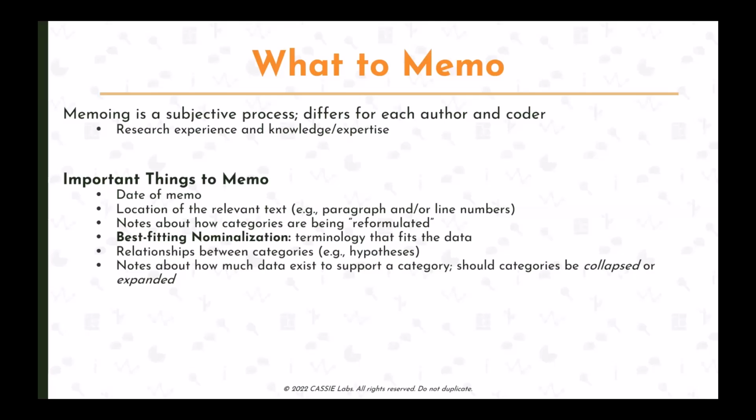Maybe there's physical domination, legal domination, symbolic domination, self-imposed domination, right? All of these things are possibilities. We may find ourselves with too many categories that need to be collapsed, or we may be finding ourselves with categories that have more nuance than we realized they did at the beginning. So we want to memo those moments when we need to collapse or expand.